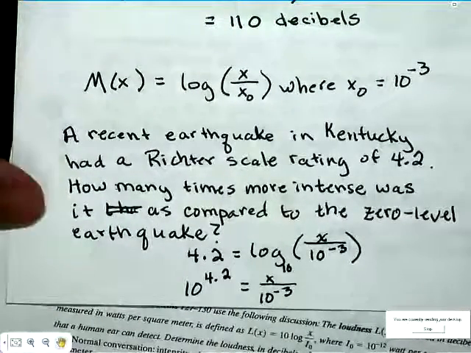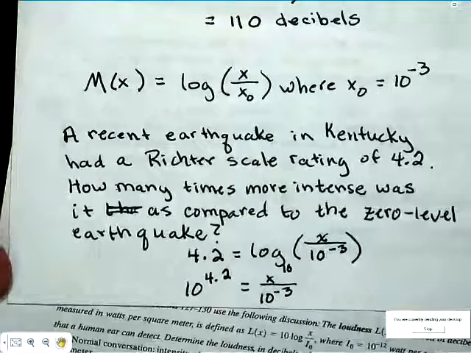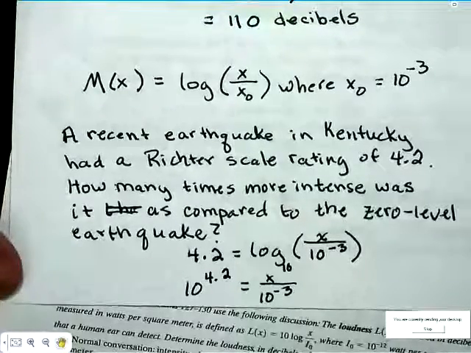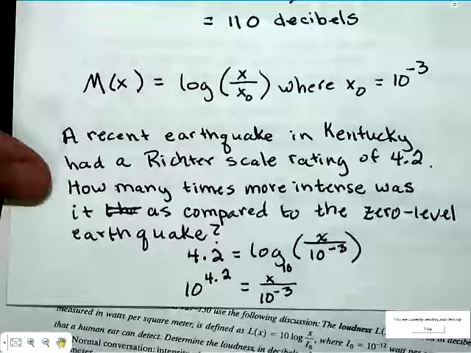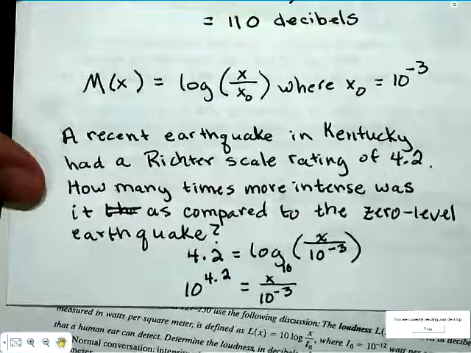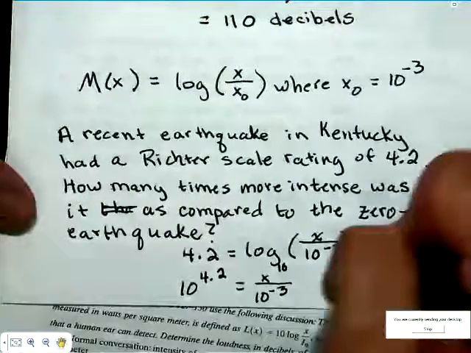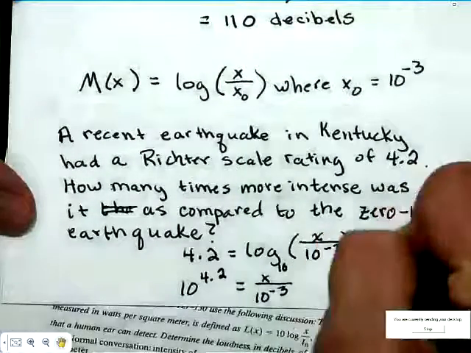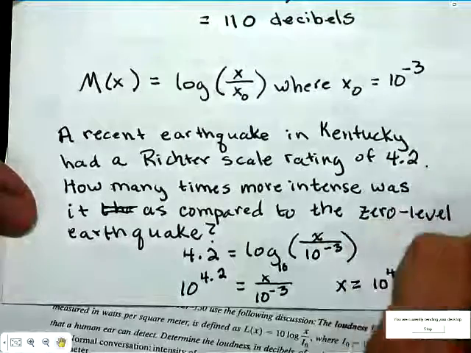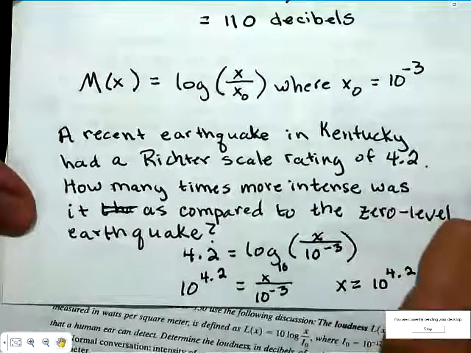And then what one thing would we have to do to have that x by itself? Yeah, just clear out the fractions, multiply both sides by 10 to the negative 3. X equals 10 to the 4.2 times 10 to the negative 3.